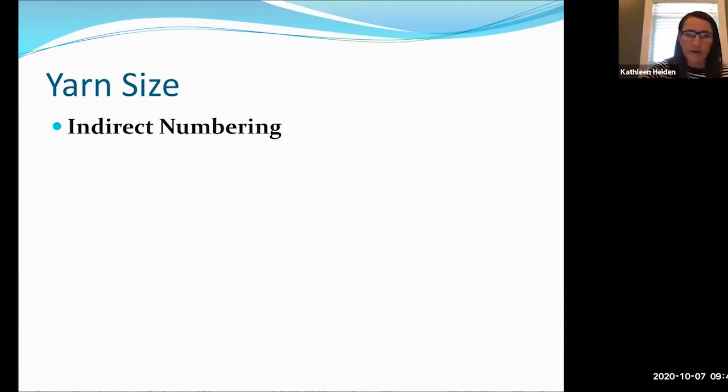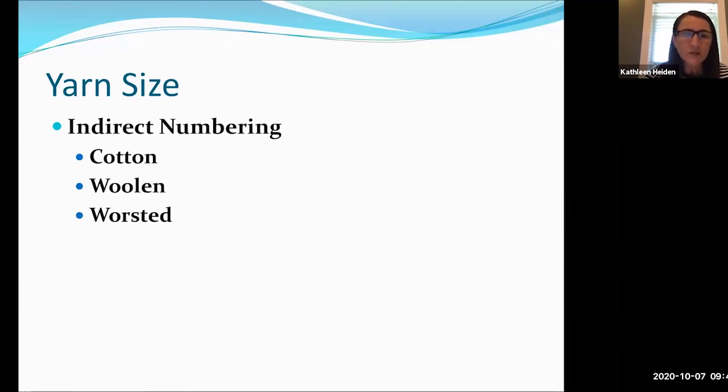Specifically, we have indirect systems for cotton, woolen, and worsted. These are all ways to measure the diameter of the yarn. And it's an indirect numbering system because the larger the number, the finer the yarn.